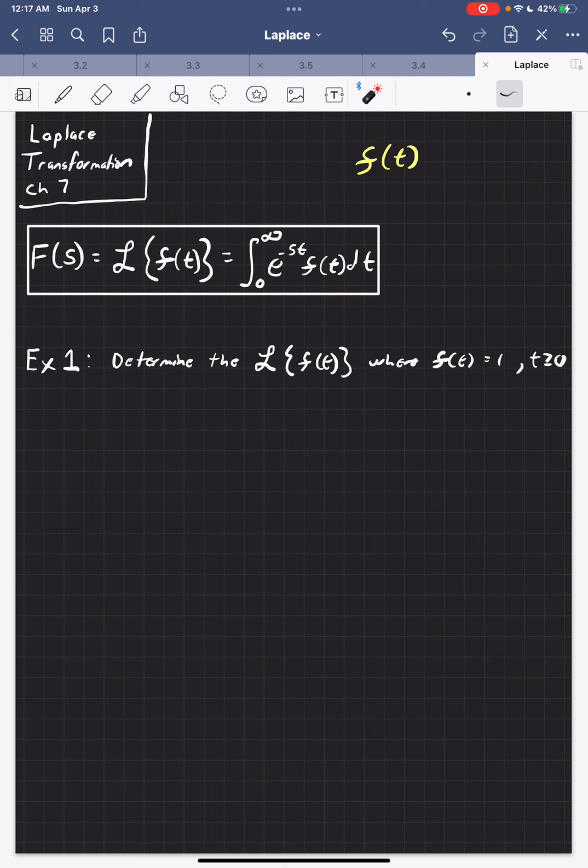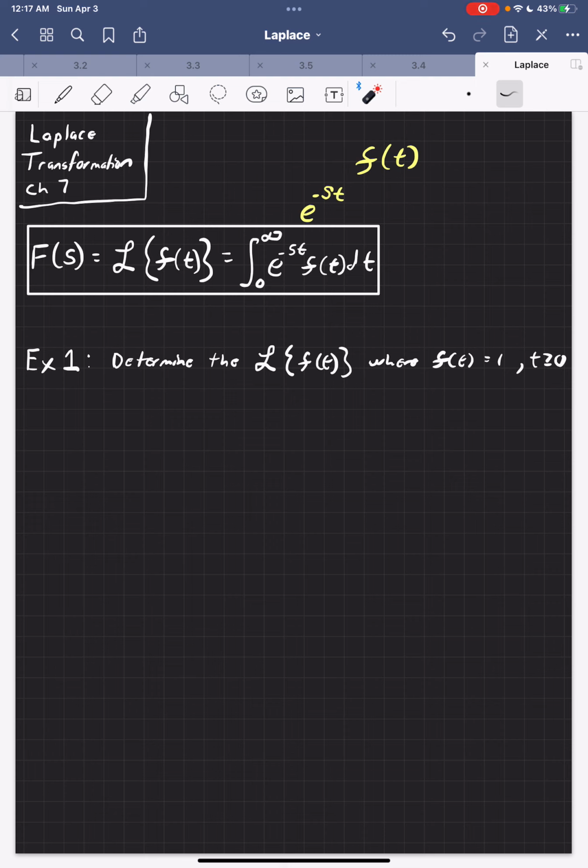By the way, this is e to the negative st. It doesn't show up as well with a stylus. Informally, we're going to take our f of t function, multiply it by e to the negative st, and then integrate that result from 0 to infinity. No why yet. Let's just continue with the how.